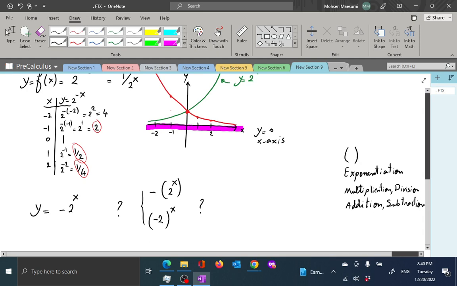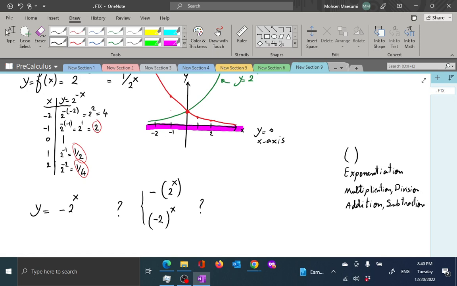And there are other finer details here. If you have multiple exponentiation, it goes from top to bottom. Multiplication, division, if you have ambiguity, you go from left to right, and so on. So in this case, exponentiation comes first, and multiplication happens later.